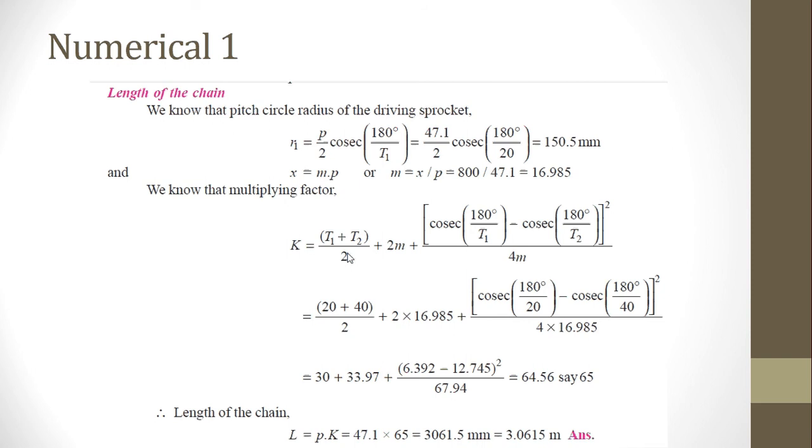So when we have found all the factors, we have plugged the values in the relationship of the length of the chain, so that comes out to be 3.06 meters. Okay? So with that we can find out the length and the unknowns that have been used to find the analytical relationships.